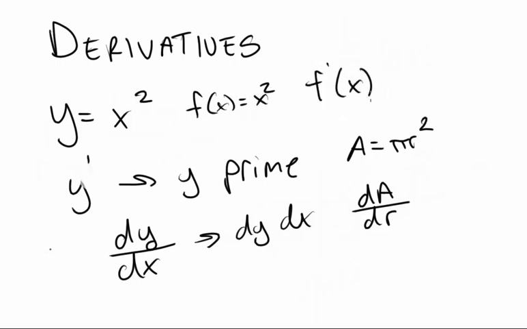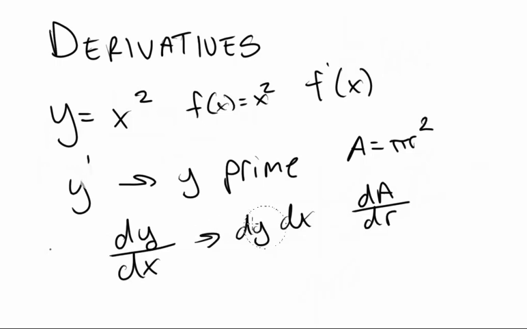Okay, so these are all different ways that you can refer to a derivative, and you need to know all of them because you're going to be presented with all of them at some point or another. Like I said, f prime, y prime, that's usually the most common, but the dy dx is actually the one, to me, that illustrates the most of what a derivative is.